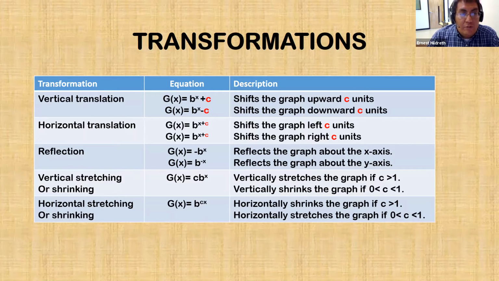So we have vertical translation, horizontal translation, reflection, vertical stretching or shrinking, and horizontal stretching or shrinking too. Those all will be shown on a graph.